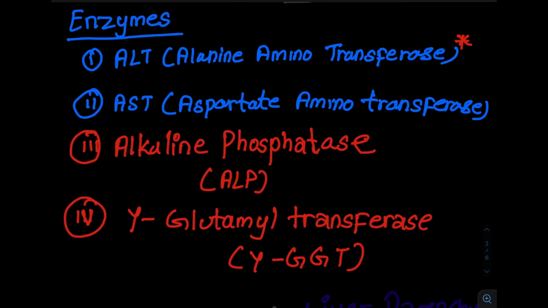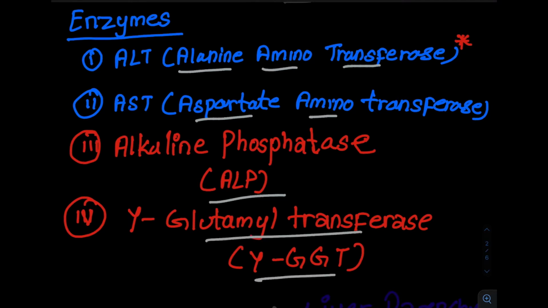When we talk about the enzymes, there are basically four enzymes that are important in the case of liver function test. The first one being alanine aminotransferase, second one being aspartate aminotransferase, there is alkaline phosphatase, and there is gamma glutamyl transferase or gamma GGT.